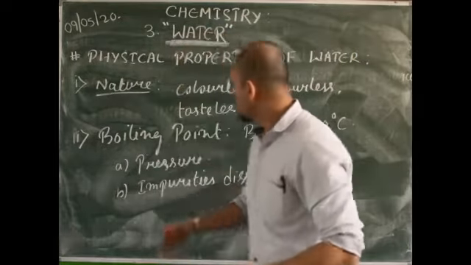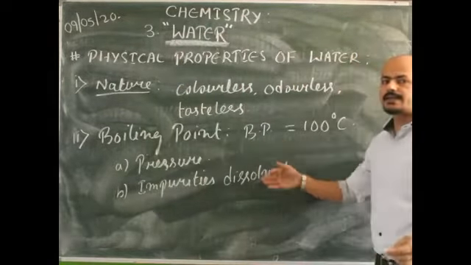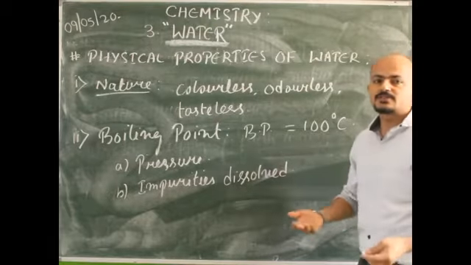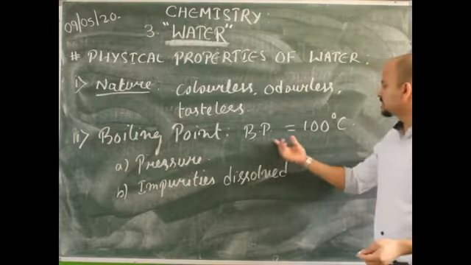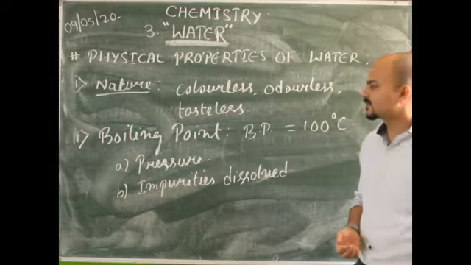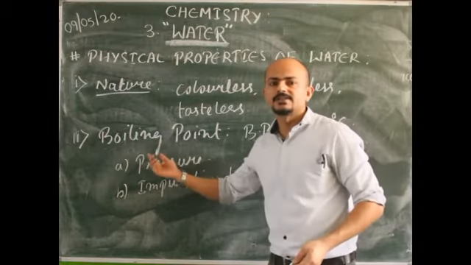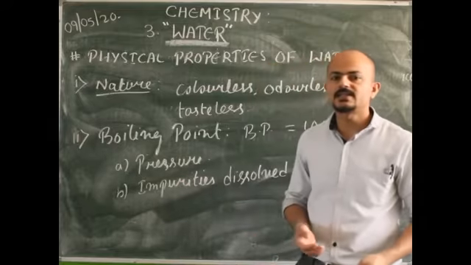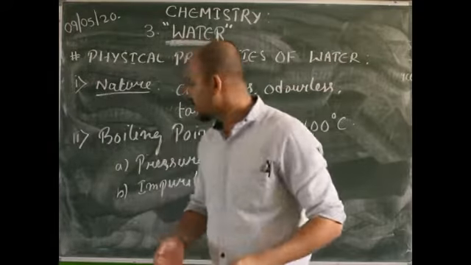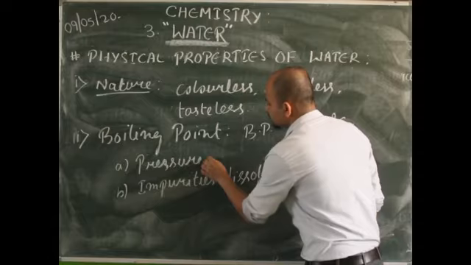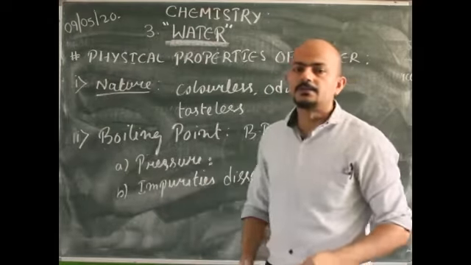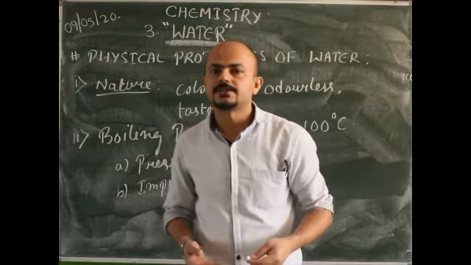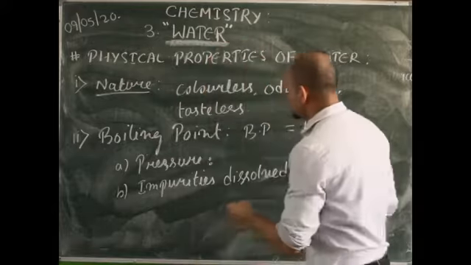So I told you boiling point of water at normal atmospheric pressure, that is 1 atmosphere, is 100 degrees Celsius. Now this boiling point varies when pressure is changed and as well as when some impurities are added. Whenever we increase the pressure, what will happen? The boiling point will also increase.